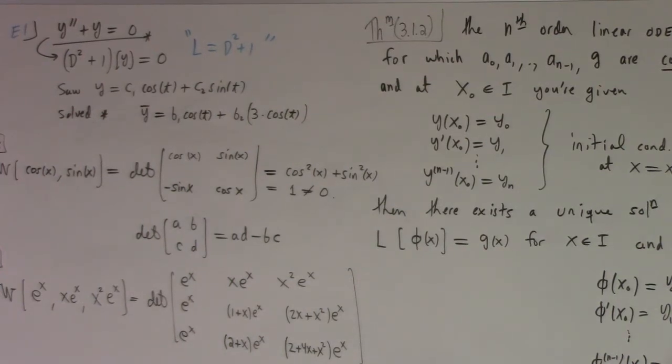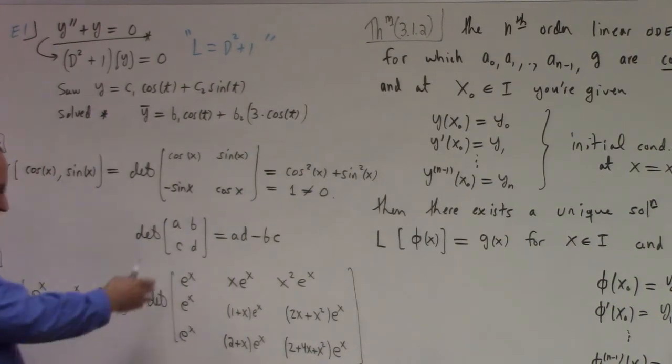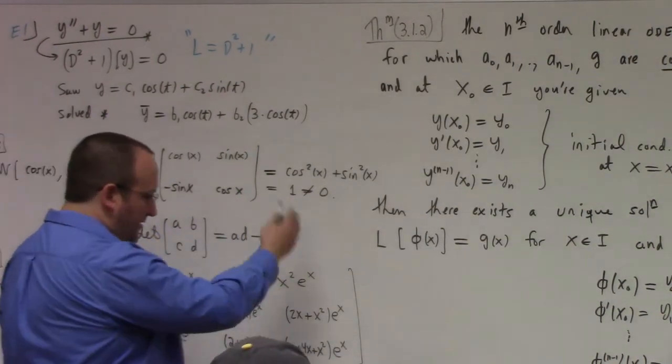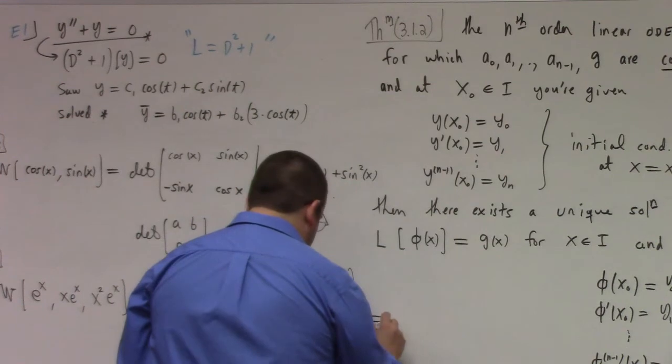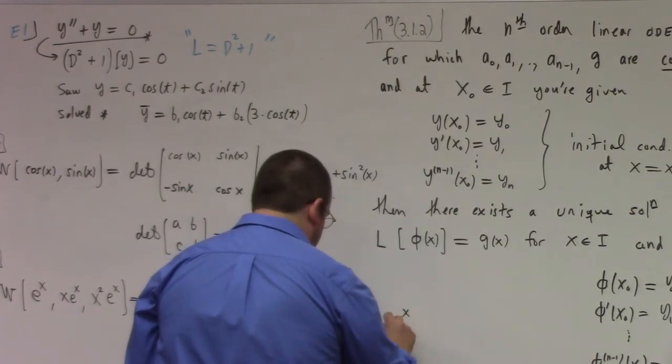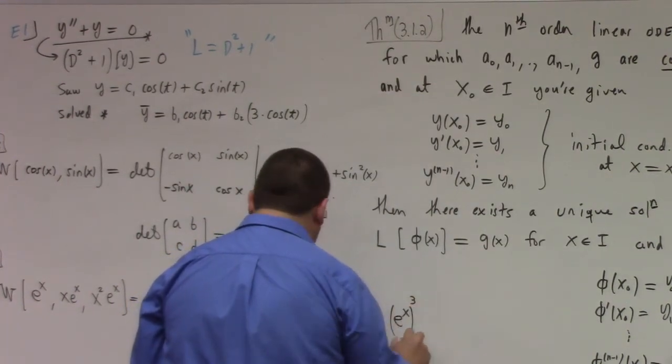All right, now, how do you calculate the determinant of a 3 by 3? Let me tell you something nice about a property of determinants: it has what's called multilinearity. You can factor out a constant. If you have some constant factor in a column, you can just pull it out. So I've got an e to the x here, here, and here. By properties of the determinant, I can pull out e to the x three times, e to the x cubed.